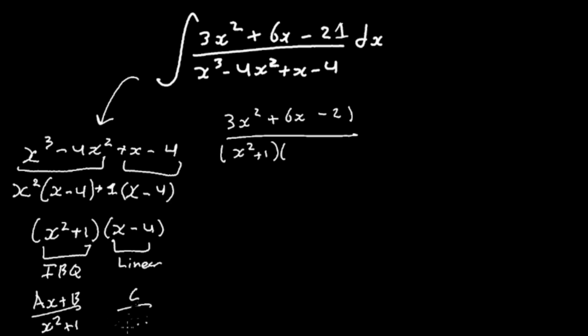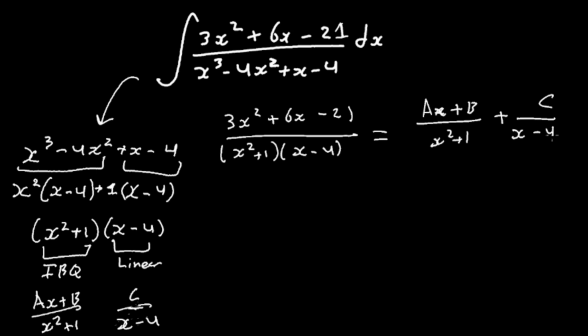I apologize. So that is equal to ax plus b over x squared plus 1 plus c over x minus 4.